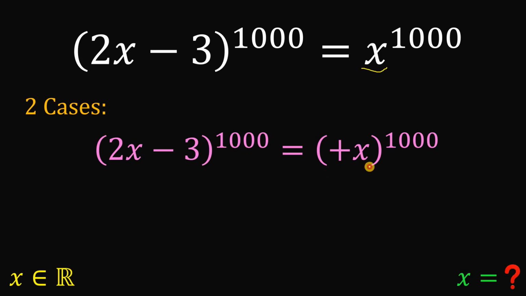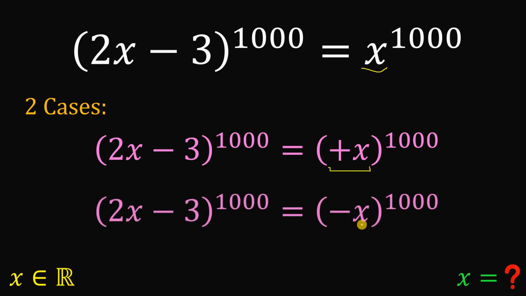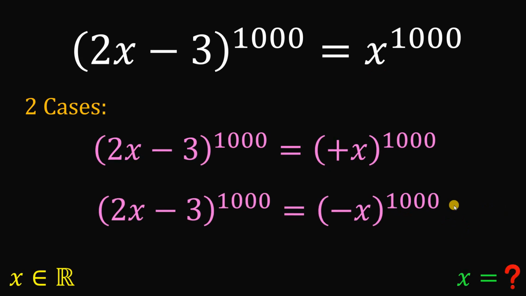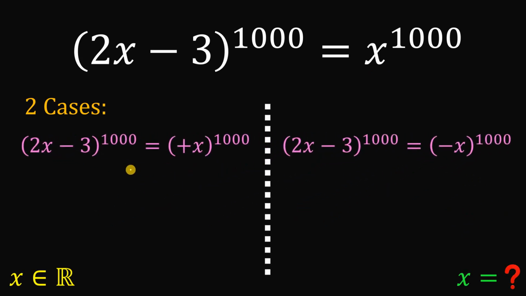Also, this x can be negative, because (−x)^1000, if x is a real number, since the exponent is even, negative x raised to any even number is still positive. So this is the same thing as x^1000, right? So let's take the two cases and find the values of x.